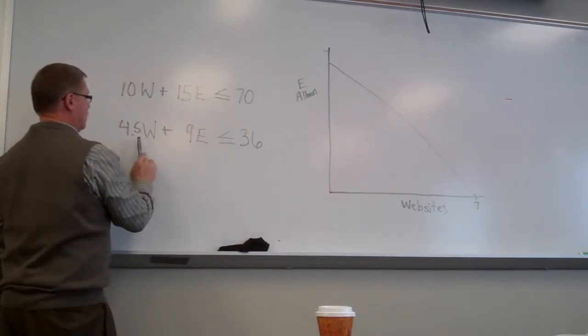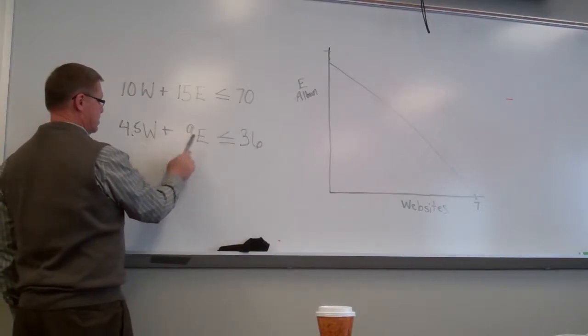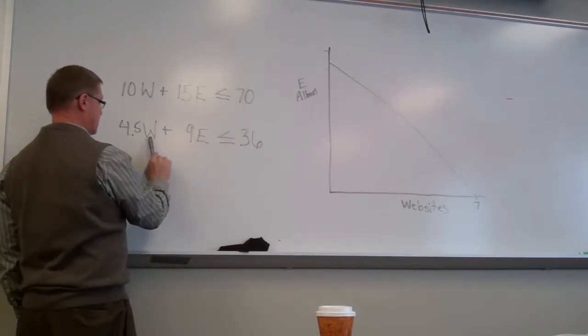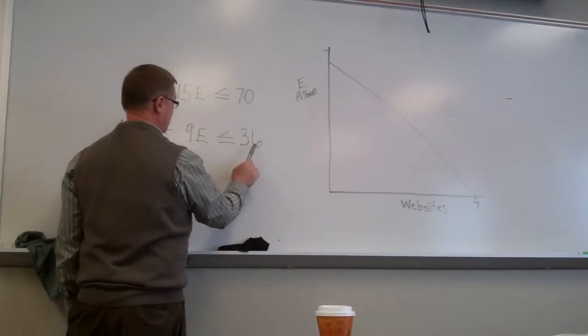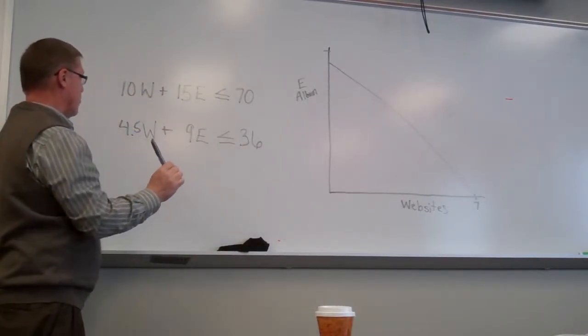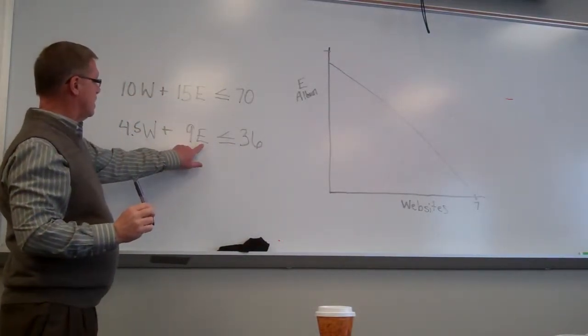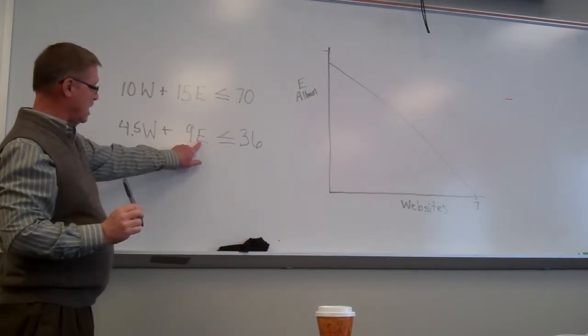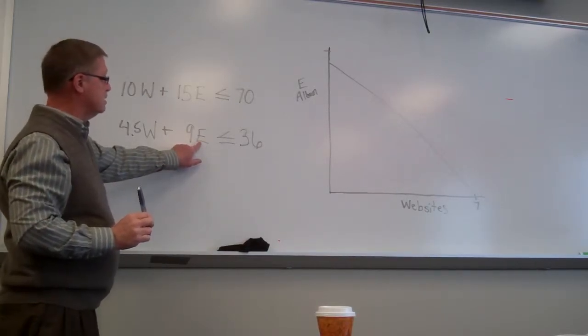So we have to keep these numbers down in such a way that this times this plus this times this don't go over 36. So that means an e-album, if you did 4 e-albums, you can't do anything else.